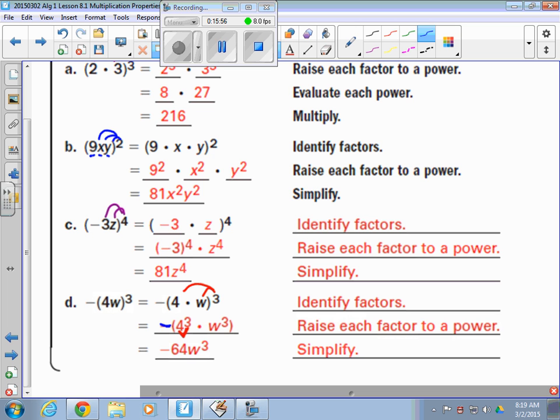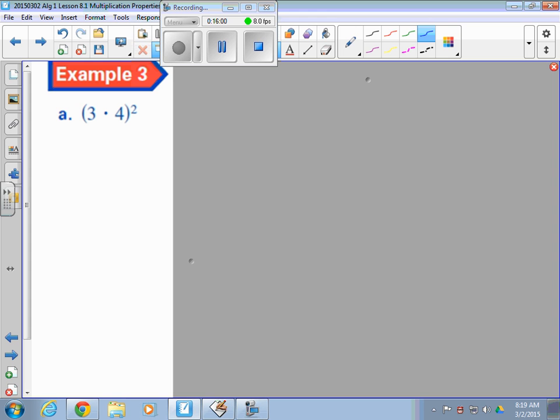And then let's take a look at a few examples to make this make sense too. Okay, 3 times 4 to the second power. Don't multiply 3 times 4 first. Okay, you have 3 times 4 squared.